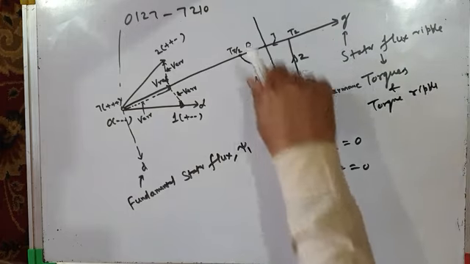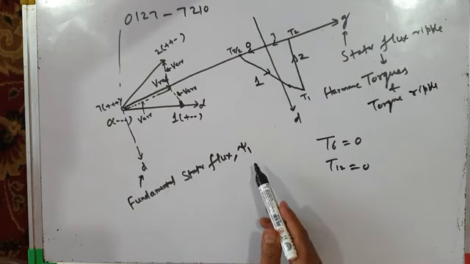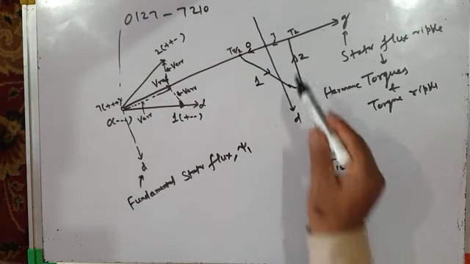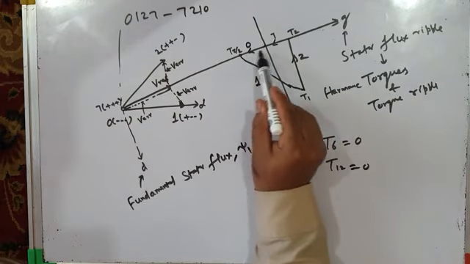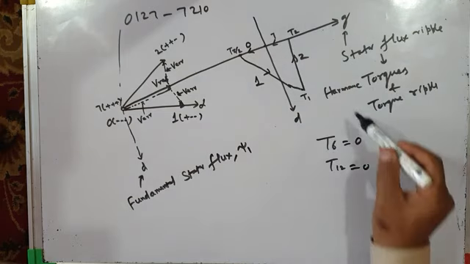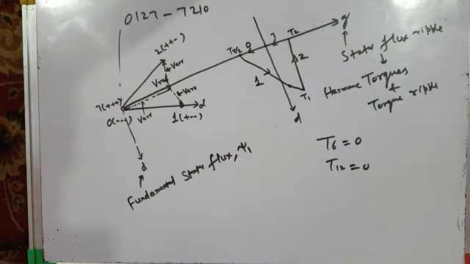So d-axis component is nothing but fundamental stator flux, and along q-axis we have harmonic fluxes, and this stator flux ripple along q-axis will give us nothing but harmonic torques and hence torque ripple.